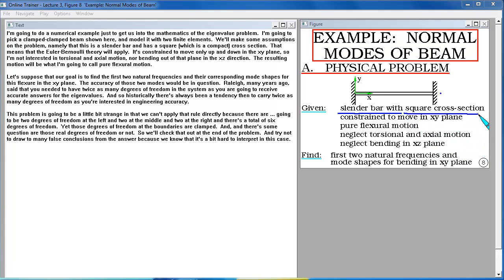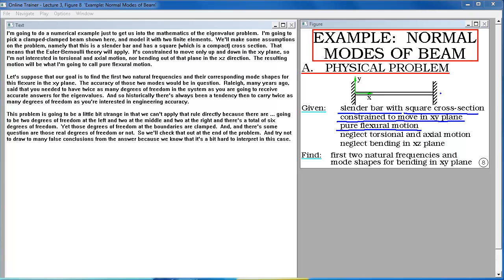That means that the Euler-Bernoulli theory will apply. It's constrained to move only up and down in the xy plane, so I'm not interested in torsional and axial motion nor bending out of that plane in the xz direction. The resulting motion will be what I'm going to call pure flexural motion.